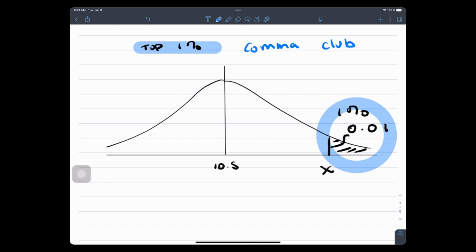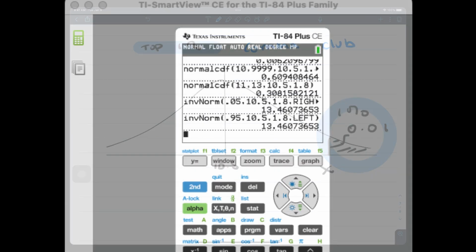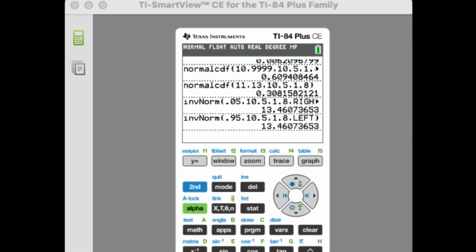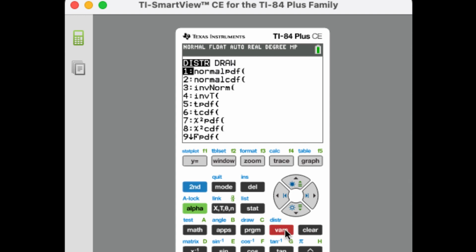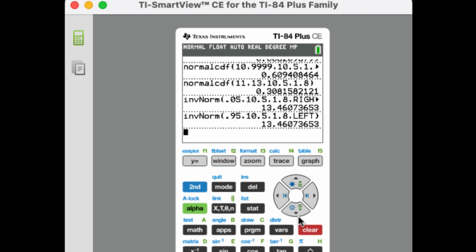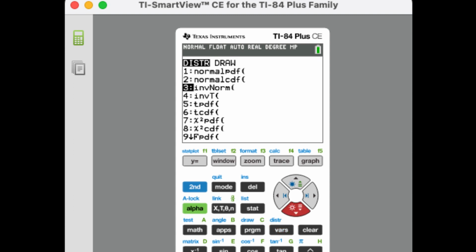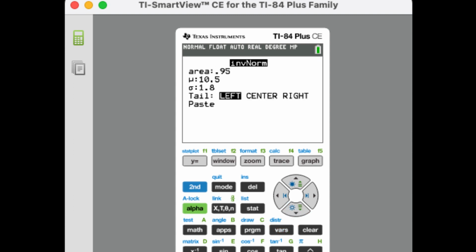What should we do? Should we use the default? Remember, you're going to go where? Second distribution, inverse norm. Oh, clear. Second distribution, inverse norm. 0.01, it's the same mean, same standard deviation, but isn't that a right tail?